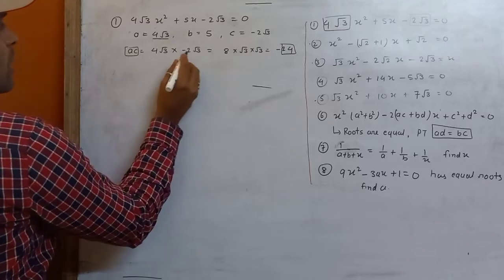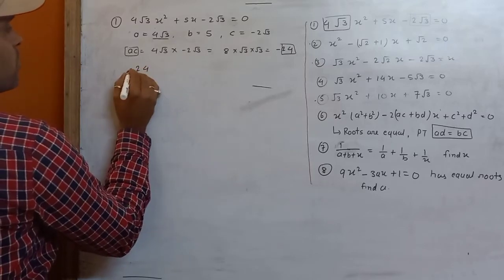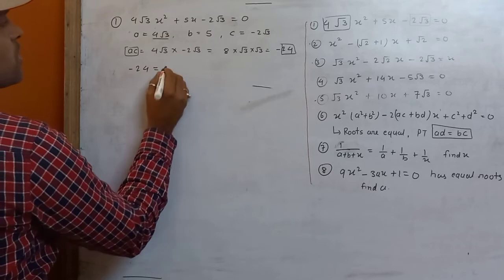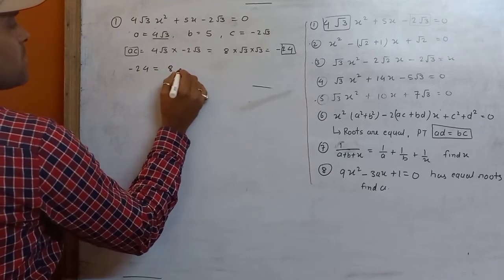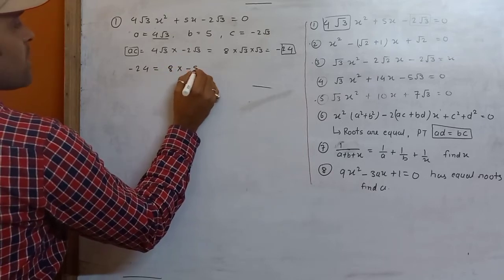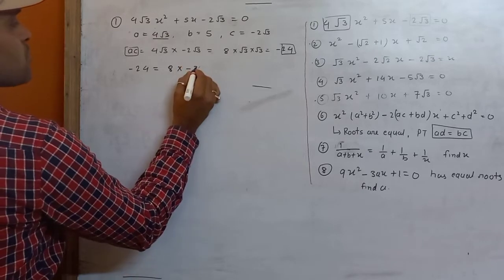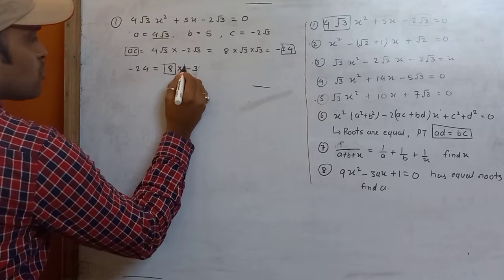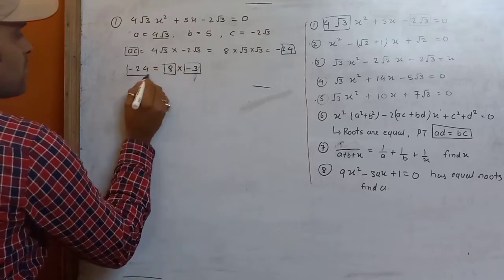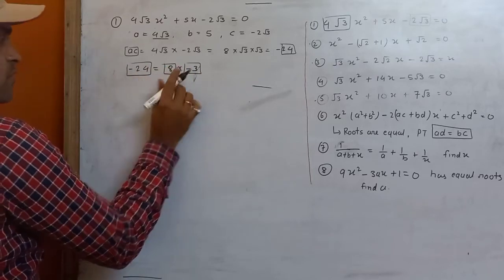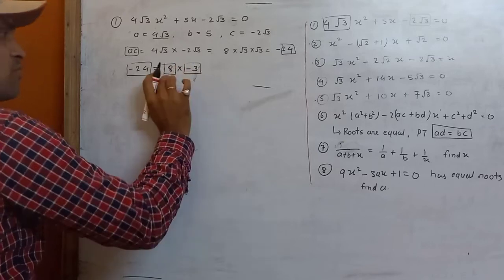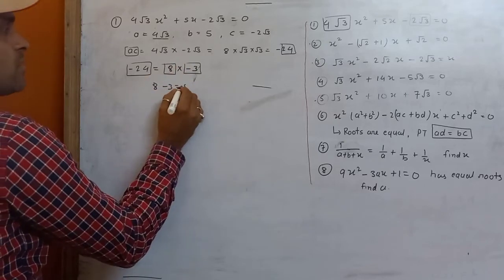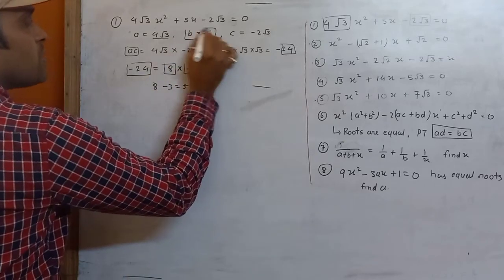Now I will write minus 24 is equal to 8 multiplied by minus 3. So here we can see that these are 2 factors of minus 24. If we subtract 3 from 8, we get 5.